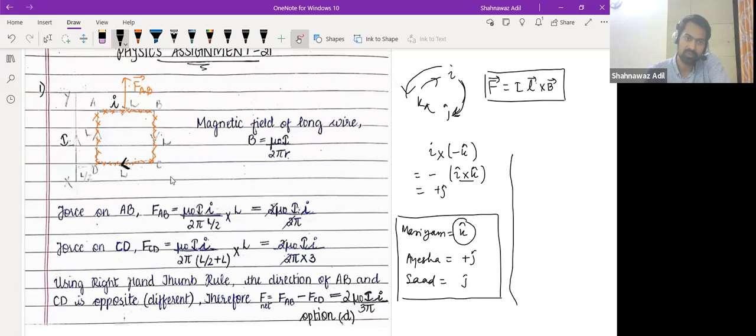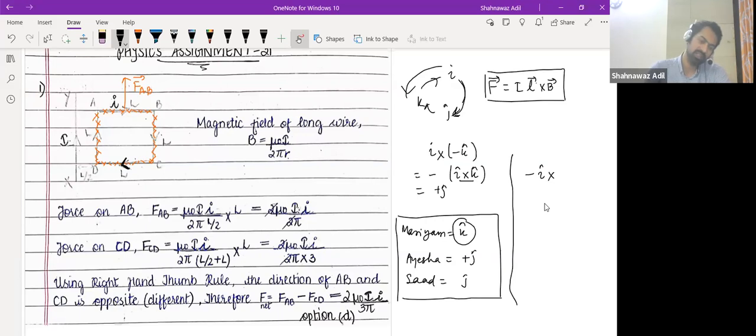So, CD. In length CD, what is the direction of L? Left side. So left side is what direction? Minus side, minus I. This is minus I. And what is the direction of the magnetic field? It is inwards.